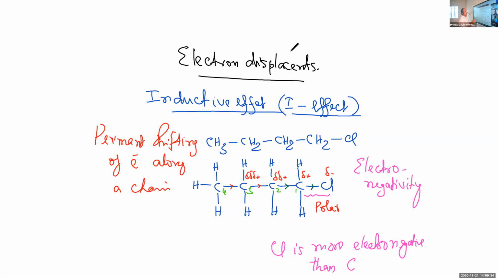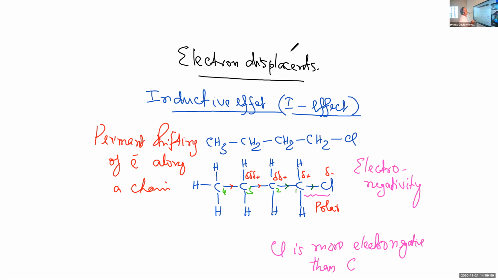And such atoms or groups which withdraw electrons, pull electrons towards them, attract electrons towards them, are called minus I groups.